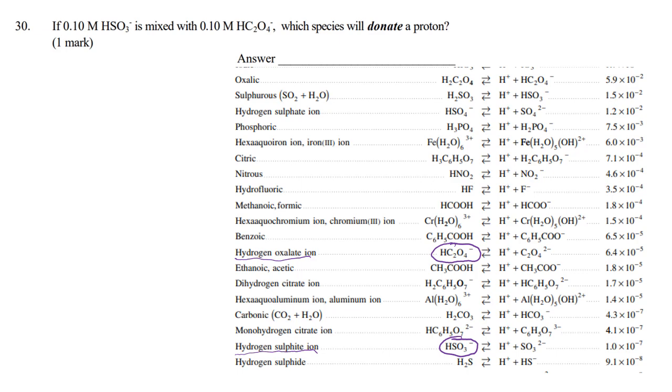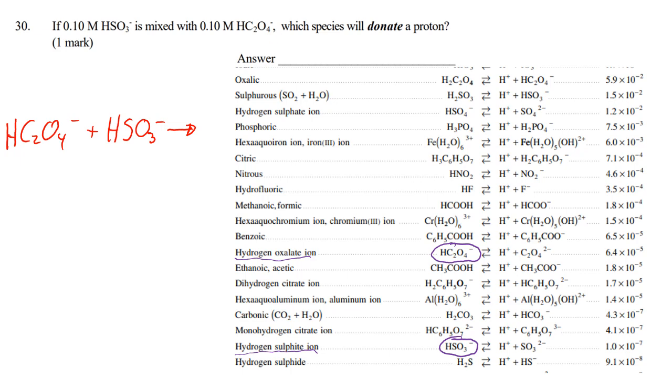Okay, so when it comes to these two things, I'm just going to write them out, might as well start our equation. So we have the hydrogen oxalate, HC2O4 minus, plus the HSO3 minus. Now, again, under Bronsted-Lowry, the definition of an acid is donating a proton.